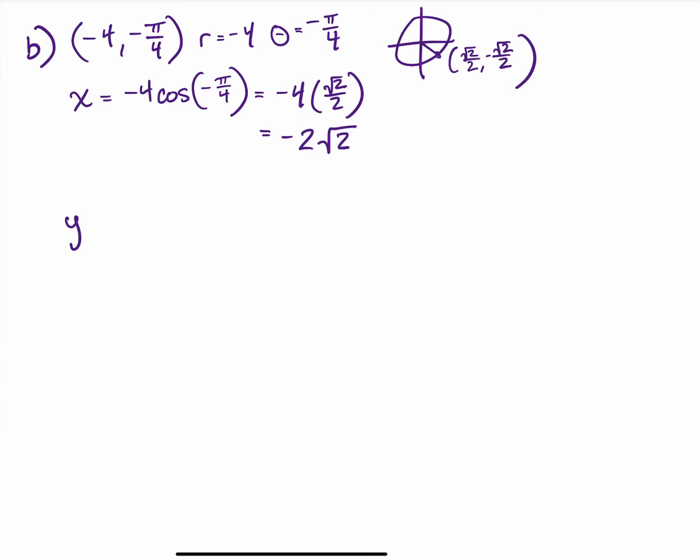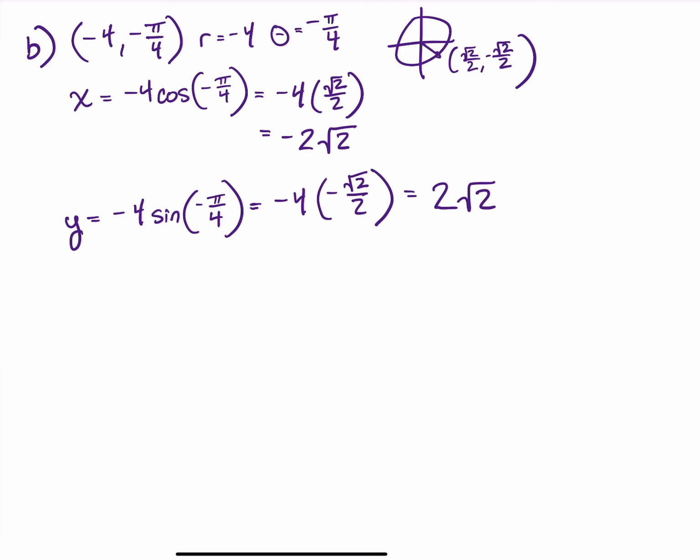And then for our y coordinate, r sine of theta, so -4 times the sine of negative pi over 4. So that will give us -4 times negative root 2 over 2. So this will give us now a positive 2 root 2. So our coordinate point should be (-2 root 2, positive 2 root 2).